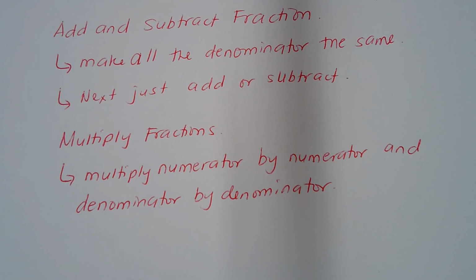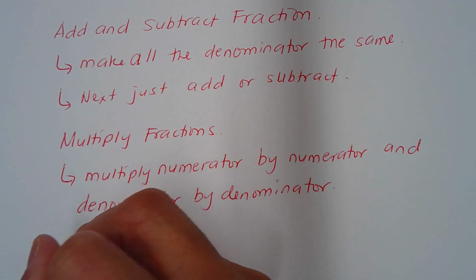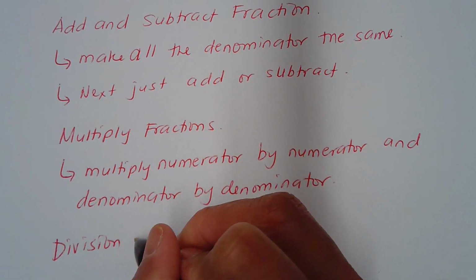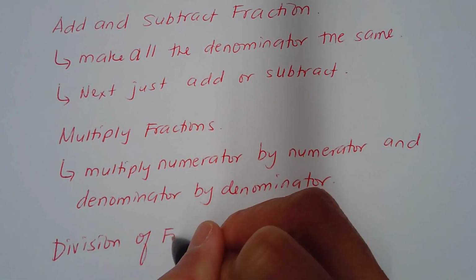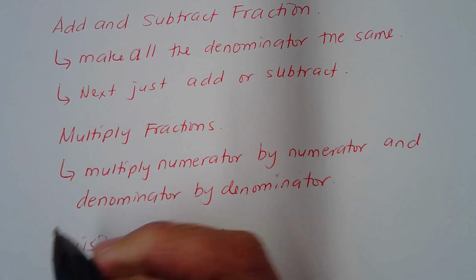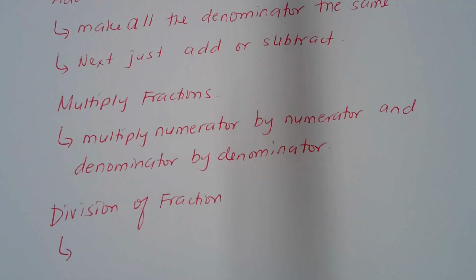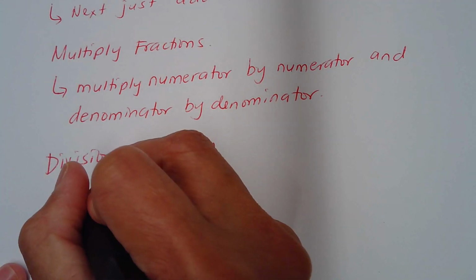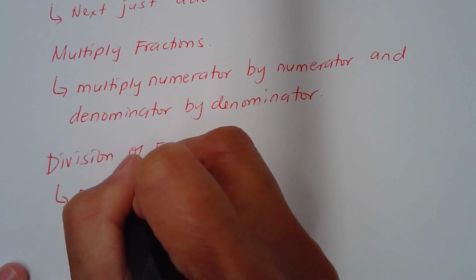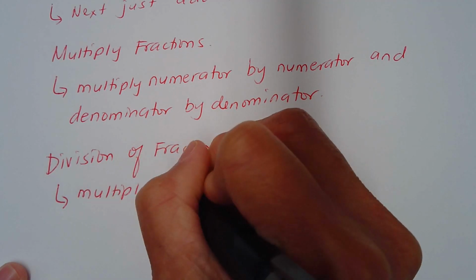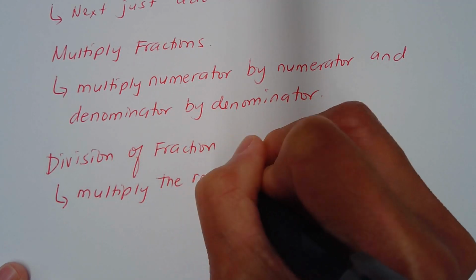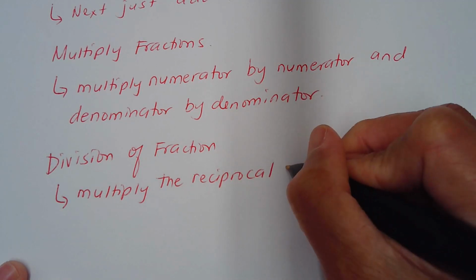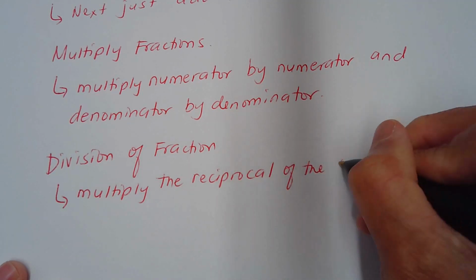Okay, next one, last one, division. Okay, so what do we do for division? We're gonna multiply the reciprocal of the second fraction.